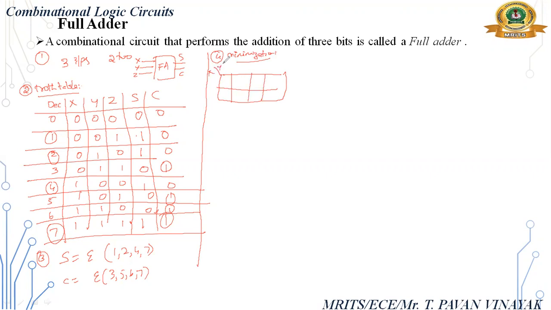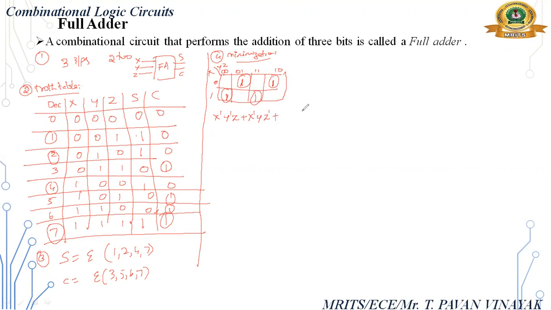X, Y, Z: 0 0 0, 1 1 1, 1 0 0, 1. So 1, 2, 4, 7. All are singles. So write the expression directly. Minterm 1 means x bar, y bar, z. 2 means x bar, y, z bar.